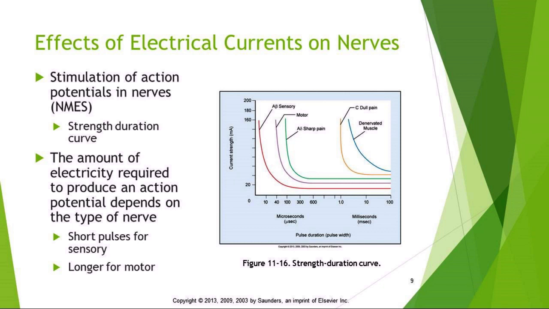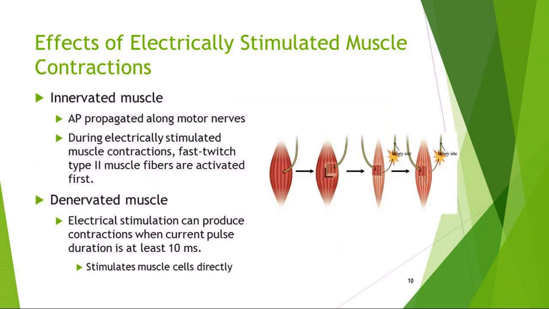The amount of electricity required to produce an action potential depends on the type of nerve. So short pulses for sensory nerves, longer for motor nerves. We're going to need a longer pulse duration to stimulate those motor nerves. Innervated versus denervated muscle. With an innervated muscle, the action potential is propagated along motor nerves, and fast twitch type 2 muscle fibers are activated first by those motor nerves.